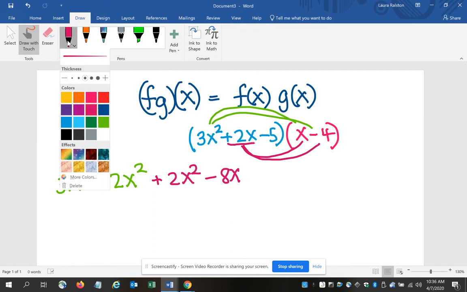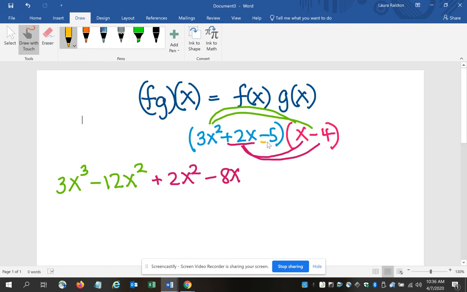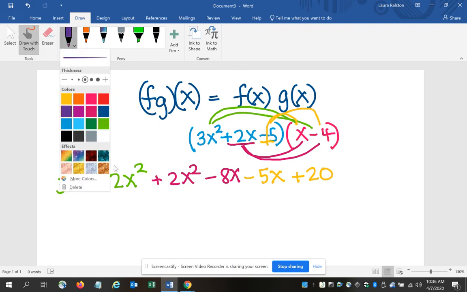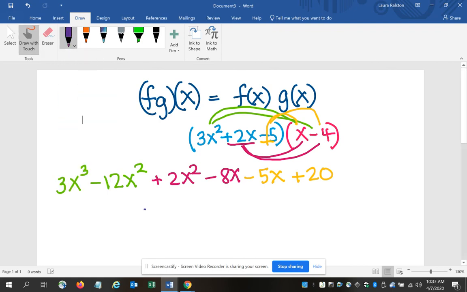And finally, I have to do the minus 5. So minus 5 times x gives me minus 5x. Minus 5 times minus 4 would be plus 20. And then at the last step, I come back and I combine like terms. So there's nothing to go with my 3x cubed.